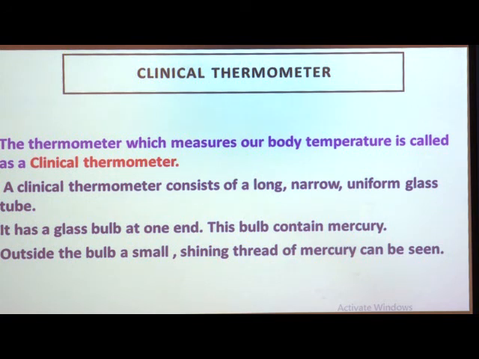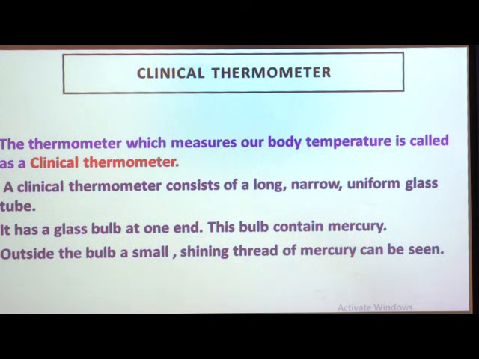A clinical thermometer consists of a long, narrow, uniform glass tube. It is made up of glass. It has a glass bulb at one end, and this bulb contains mercury.